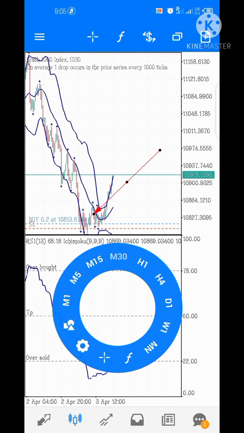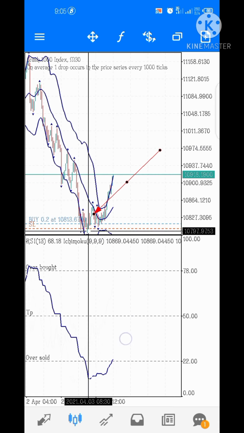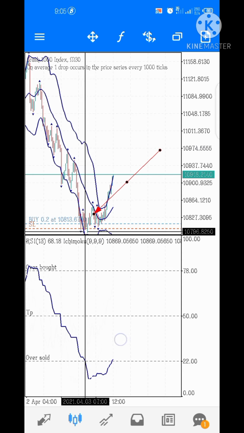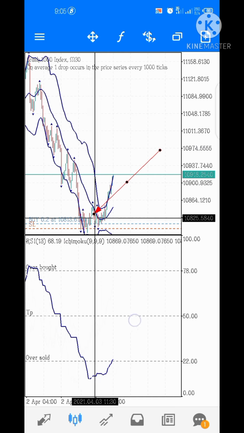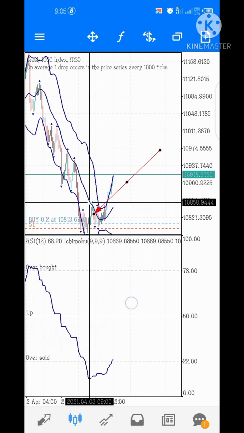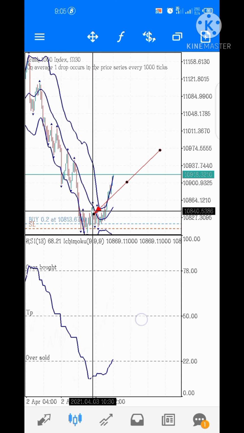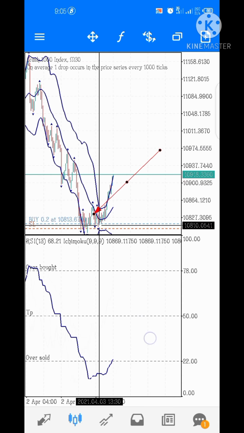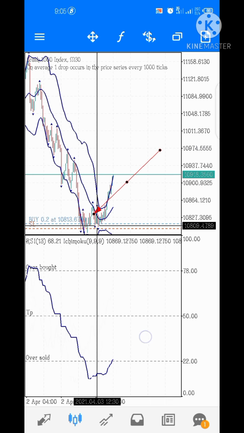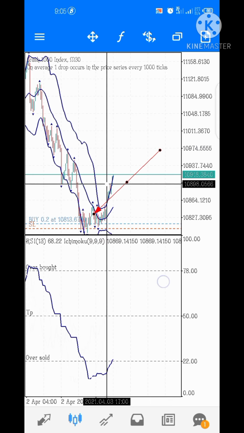So I enter the trade at this point, at this candle. Then it moved up and backtested. It moved up and backtested. You see, it didn't touch the stop loss. So it started moving up again.